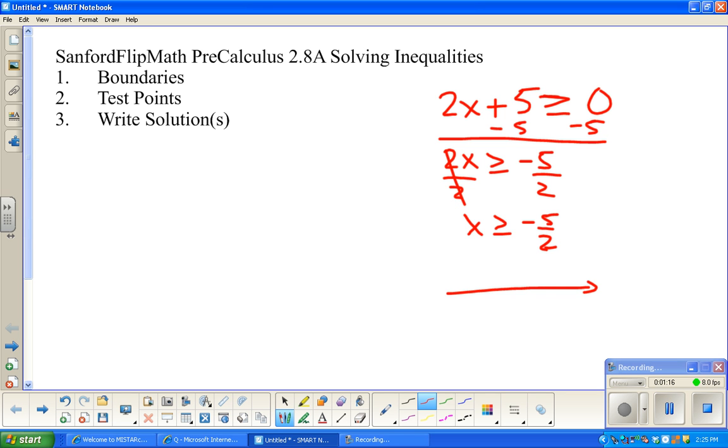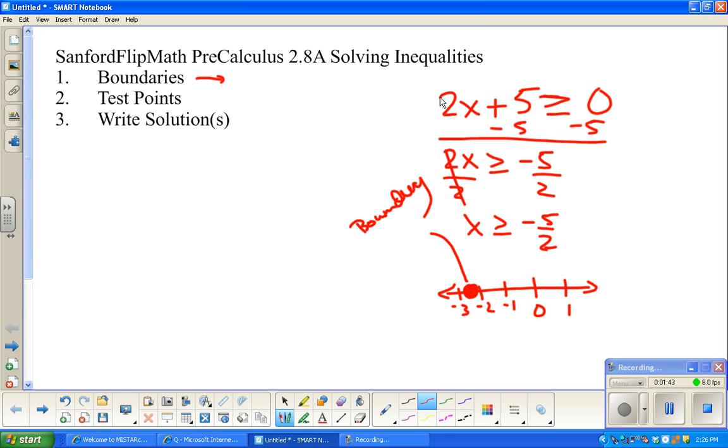Just a reminder that the idea here is that if I do a little number line, at negative 2.5, halfway between negative 2 and negative 3, that's where the boundary is. The boundary is basically where things switch from things that work to things that don't work.